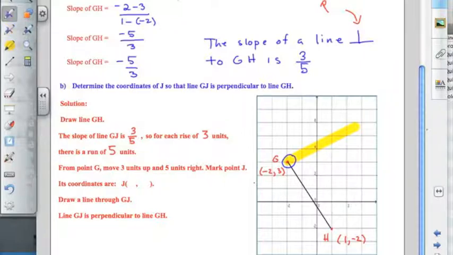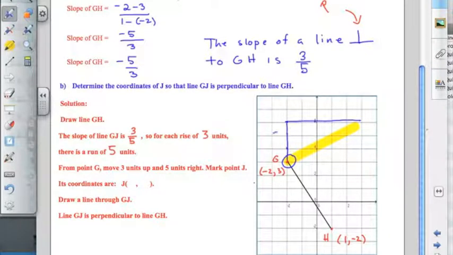So what I'm going to do is go from that point G, take this slope, and count up 3 units for my rise, so 1, 2, 3, and draw a line. And then I'm going to go for a run of 5 units, so 1, 2, 3, 4, 5.